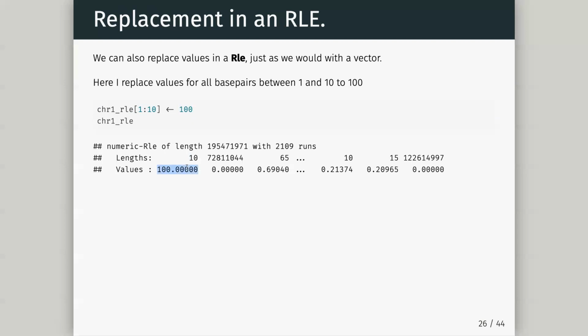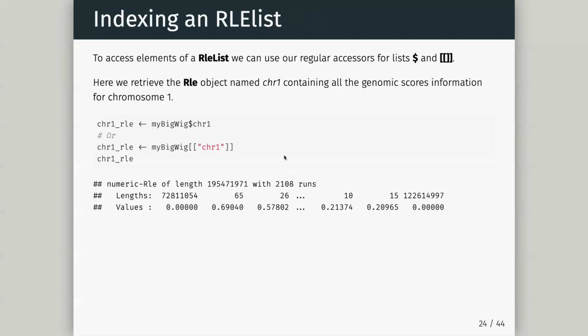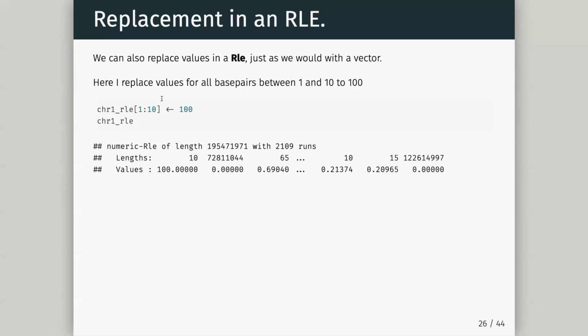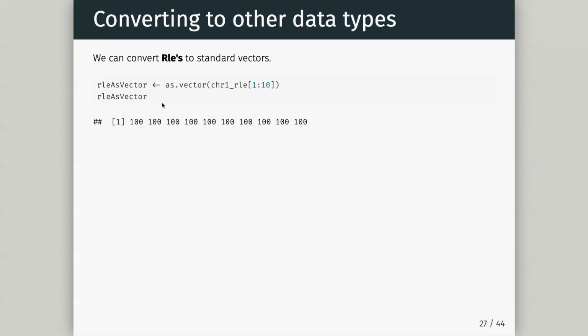Now I have 10 where it's 100. I have less here where it's then 0, and then back to the normal data. Okay. So RLEs look weird here, but I can index them like normal vectors, and I can index them and replace like normal vectors too. The work's being done under the hood somewhere in that package.